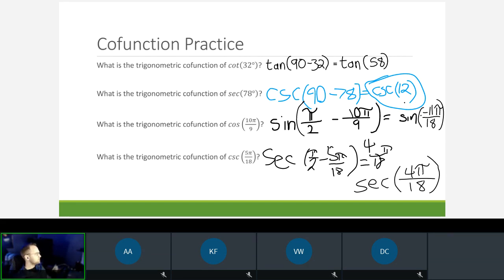The last one? If you type in pi over 2 minus 5 pi over 18, oh, you have to simplify. You're right. Yeah, 4 over 18 becomes 2 over 9. We have to simplify.